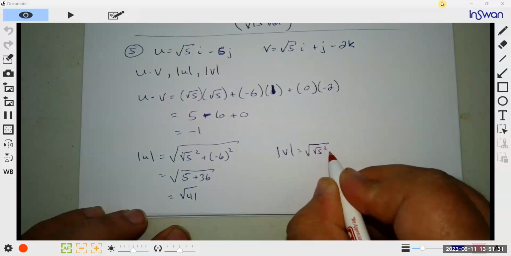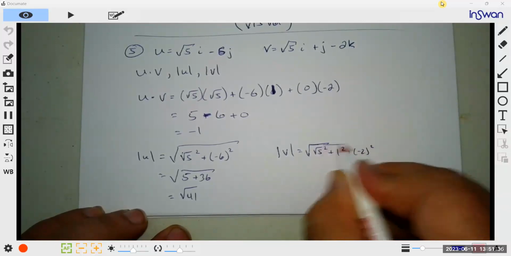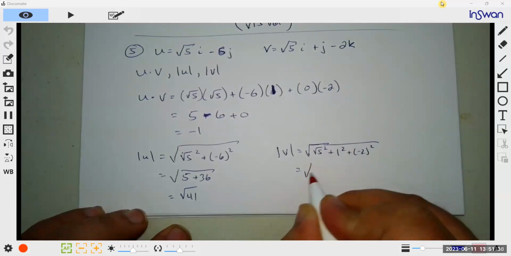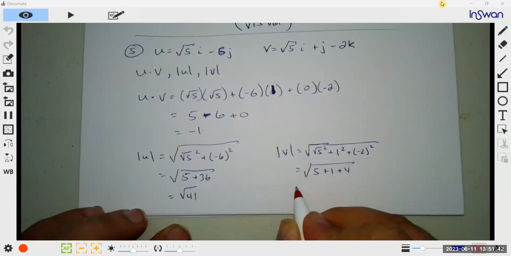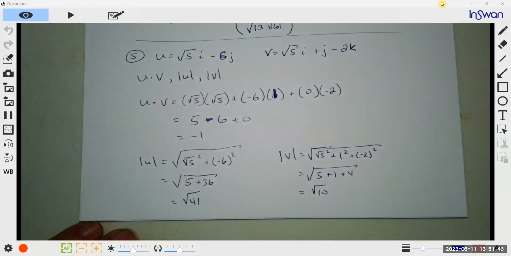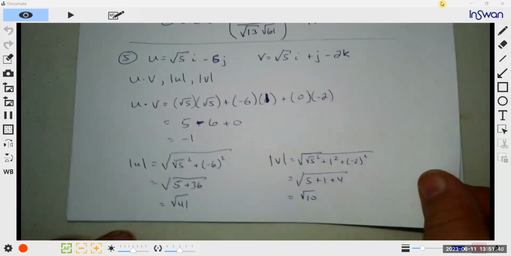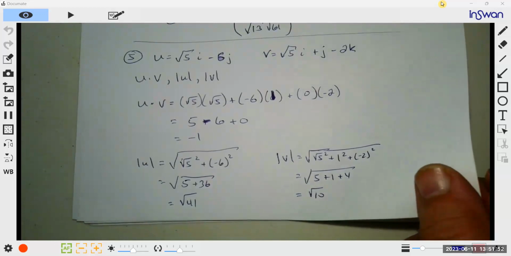Radical 5 squared, 1 squared, negative 2 squared. 5 plus 1 plus 4, radical 10. Okay, so now we have to put them all together and solve for theta.